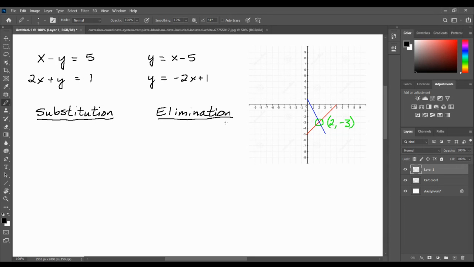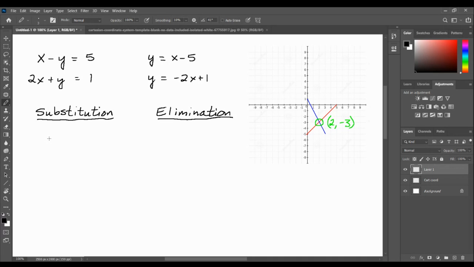And the reality is you get used to using both. In my engineering studies, I used substitution more often than elimination. But there are times like this one, when looking at these equations, I can see that elimination is going to work really well. But let's see what we're talking about here.